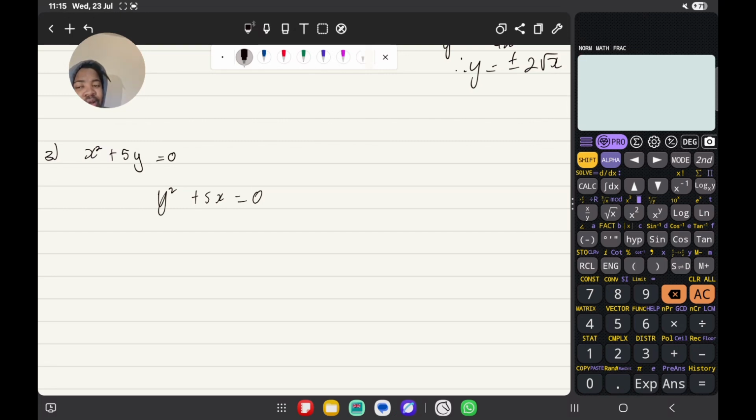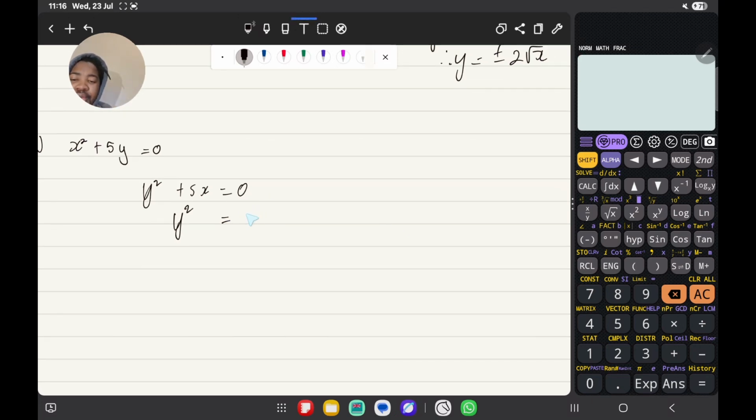After swapping x and y, because this thing is gonna be a square root of a negative value, right? So I think I got it. So let's do it either way, minus 5x, and then say therefore y is gonna be plus or minus square root of minus 5x. Then you say x is smaller than 0.